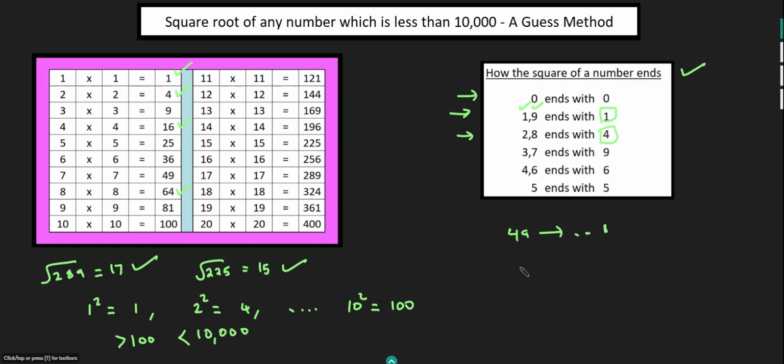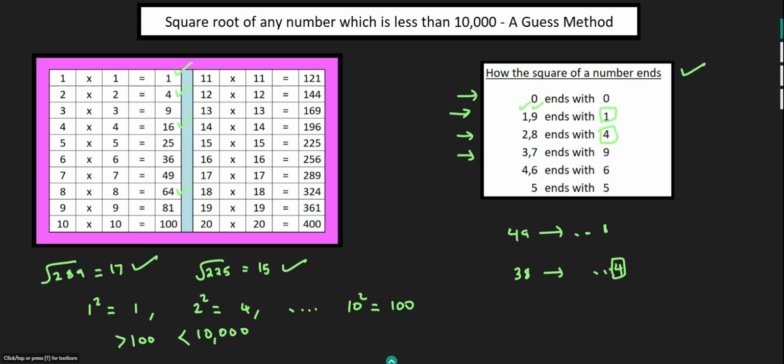For example, 38, its square is going to end with 4. If we know this, then we can also easily find the square root of numbers which end with these digits. So we should know this table also.